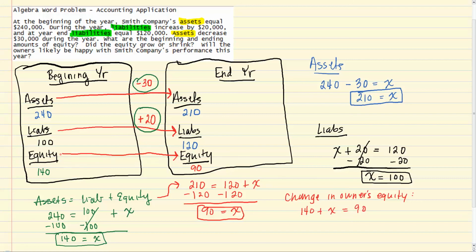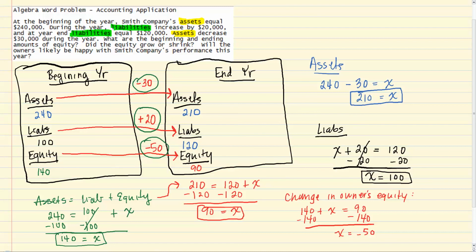We're asking how much this changed from the beginning to the end, and we just subtract 140 from each side, and x equals minus 50. So owner's equity decreased by 50.